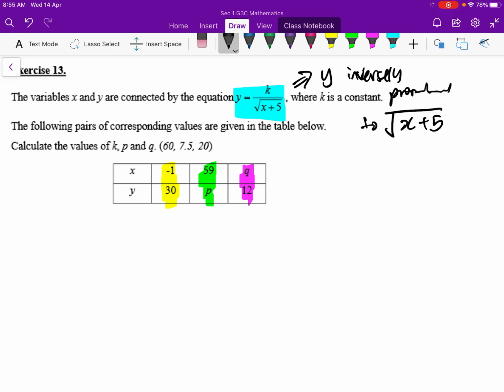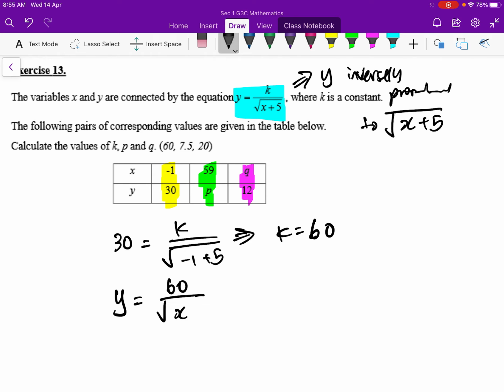So sub -1 and 30 inside. We've got 30 equals to k over square root x is -1 plus 5. So we have our k value as 5 minus 1 is 4, root 4 is 2, 2 times 30, 60. K is 60. Our updated formula is now y equals to 60 over root x plus 5.